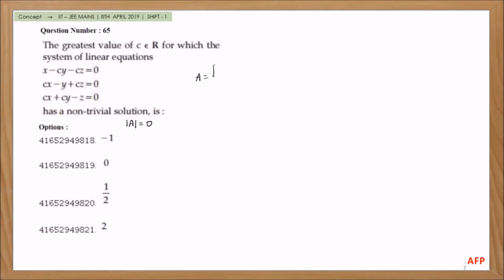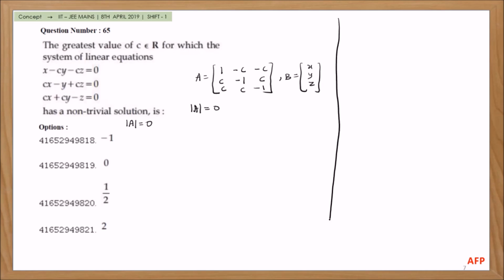A matrix is 1 minus c, minus c, minus c; minus 1, c; c, c, minus 1. And B matrix is nothing but x, y, z. Okay, so the determinant of the A matrix is equal to 0. So we will find the determinant; it should be equal to 0.